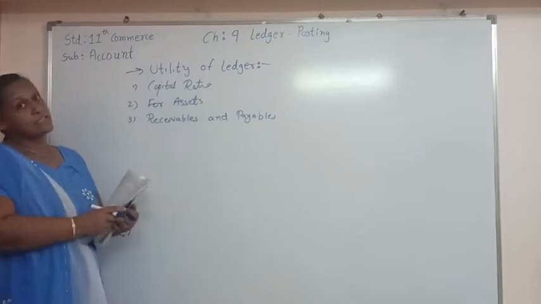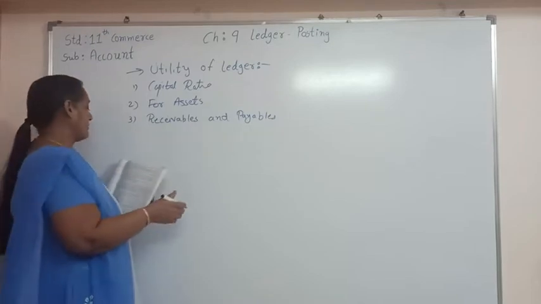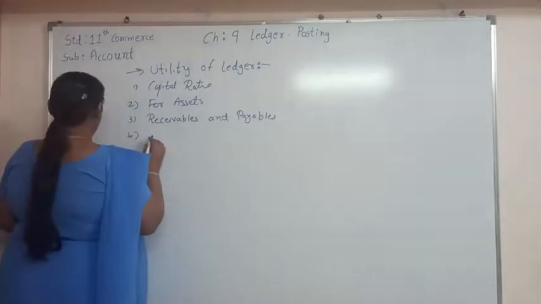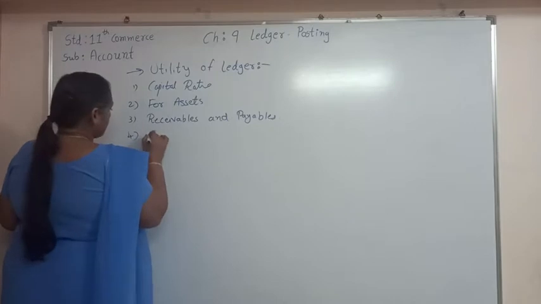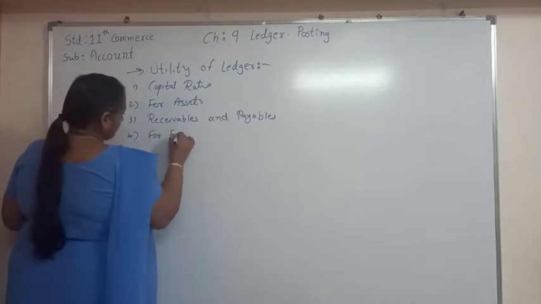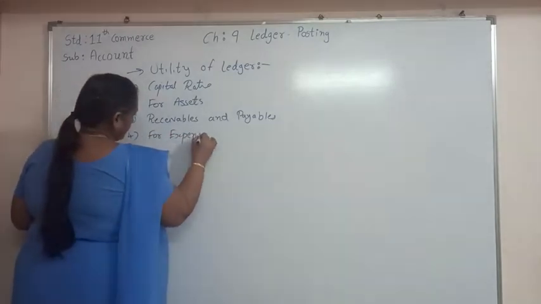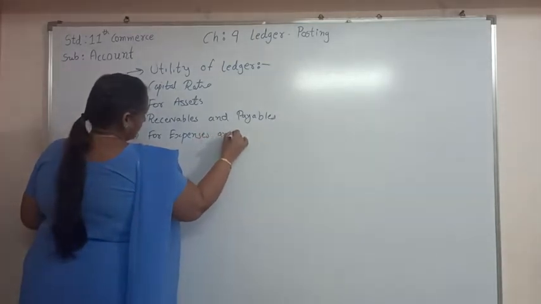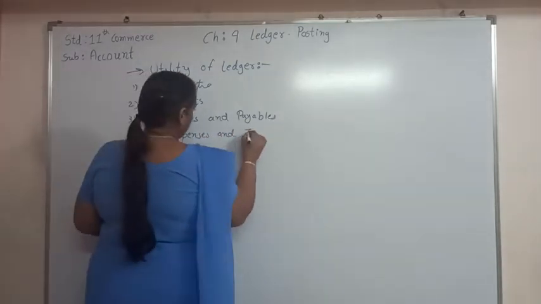The next thing is for expense and income. The fourth utility is for expenses and incomes.